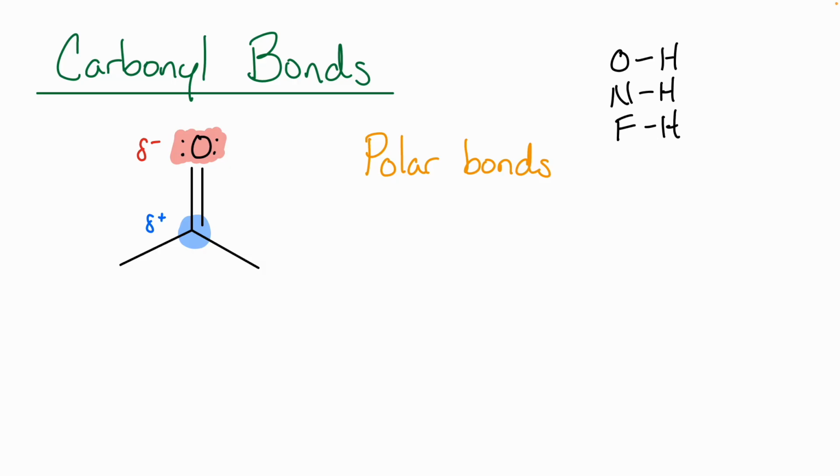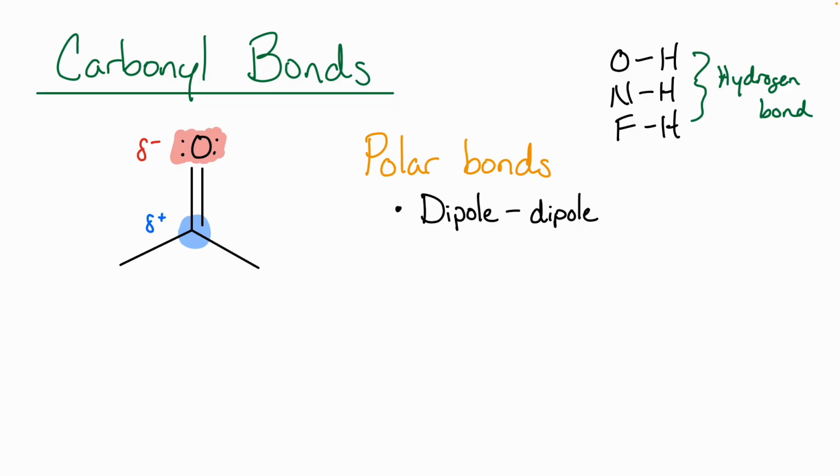These are the only bonds that can hydrogen bond. Okay? So if we had water with acetone, the oxygen could play the role of a hydrogen bond acceptor, but two acetone molecules cannot hydrogen bond with one another. These things can only dipole-dipole interact.